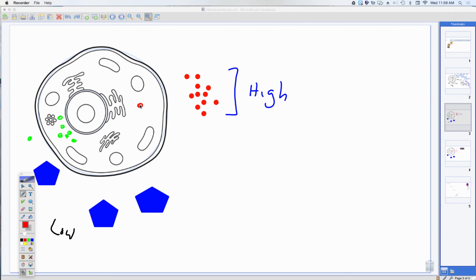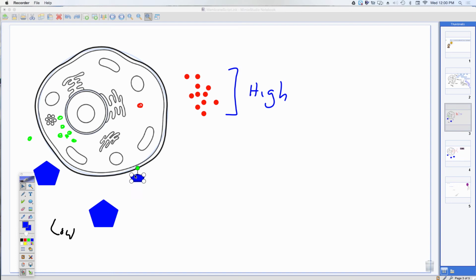It turns out that the membrane is dynamic and flexible, but some things just can't pass through it very easily. So these molecules, which could be carbohydrates, are just too big to pass through the membrane, and I've made them extra large to exaggerate it.